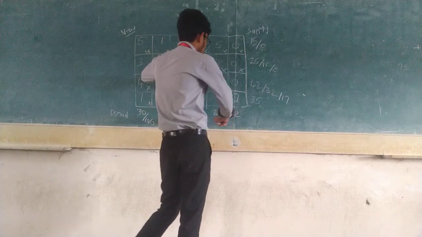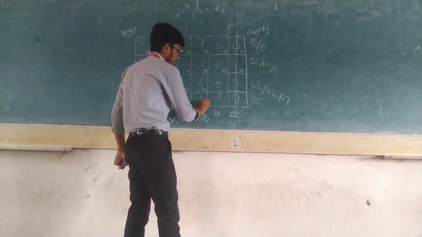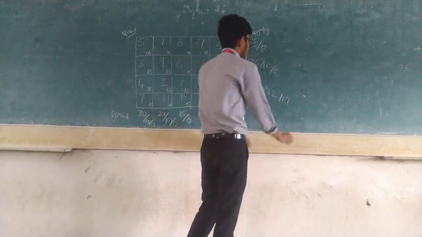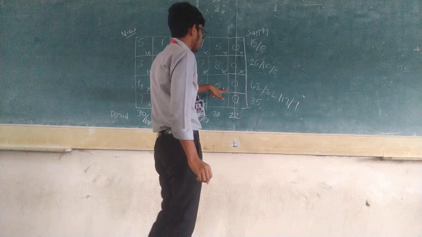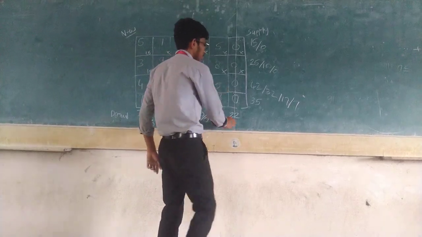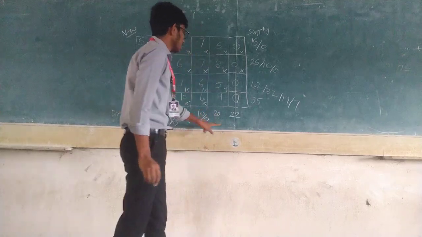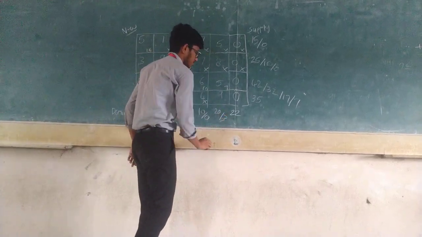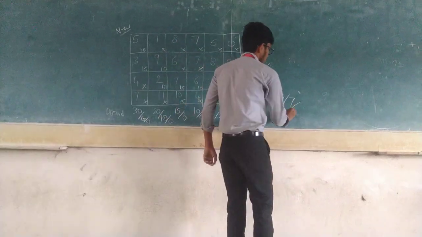Here the lowest number is 10, and 10 minus 10 is 0, this column becomes 0, and 17 minus 10 is 7. Then 5, the lowest number is 7. 20 minus 7 is 13, and 7 minus 7 is 0.